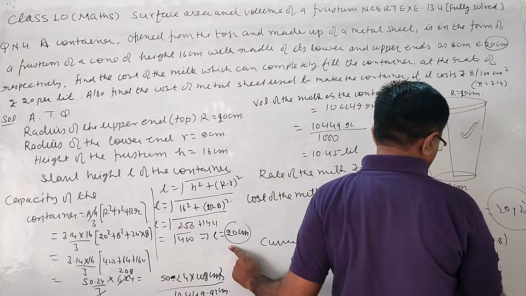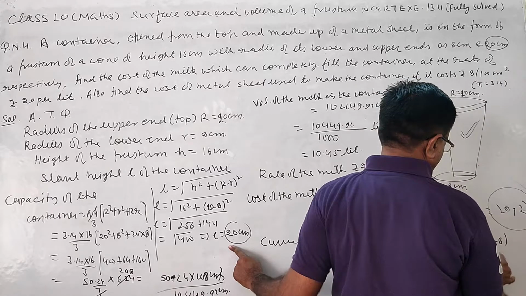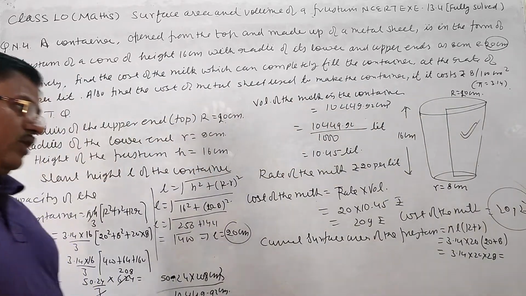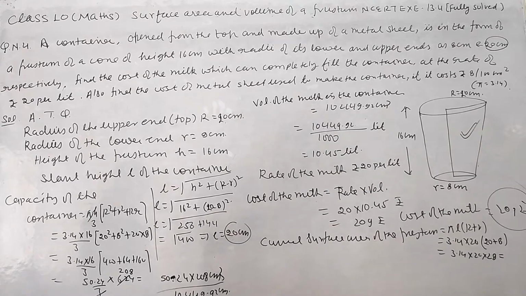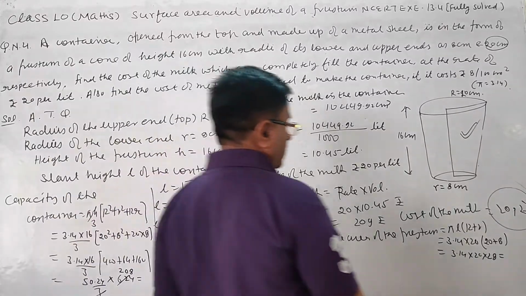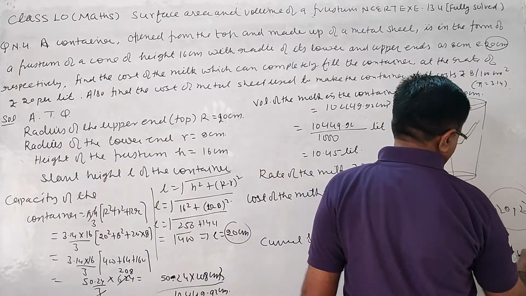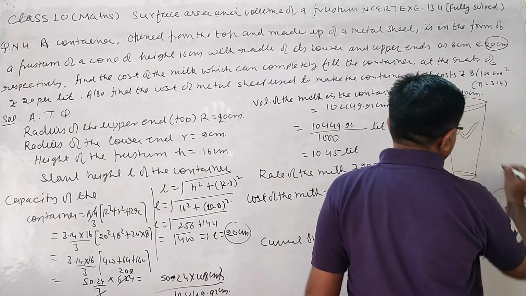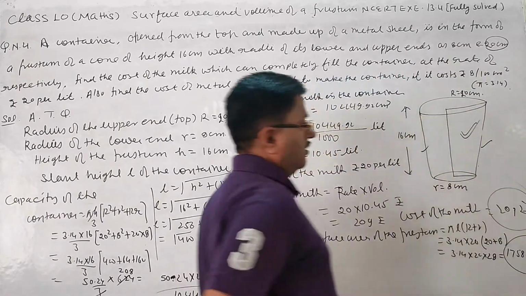So you have to multiply all of this: 3.14 into 20 into 28. If you multiply that, it gives you 1758.2 centimeter square. So this is the area of the wall.